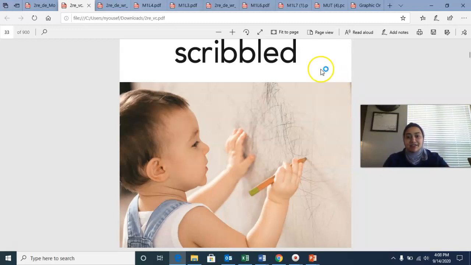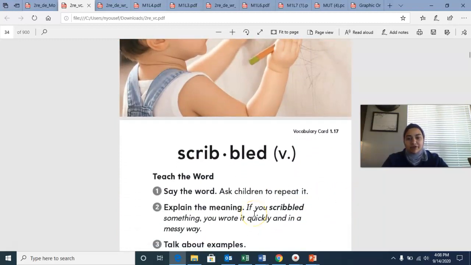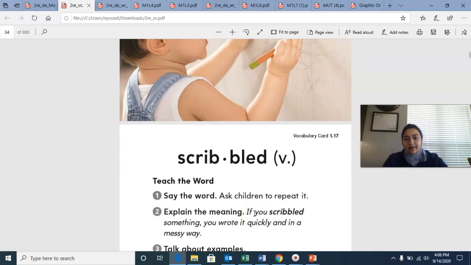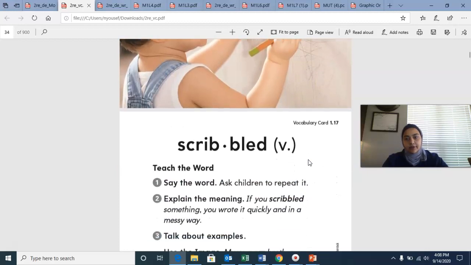The first word is scribbled. Let's look at this picture. What is the kid doing? The kid scribbled on the wall. Oh no. If you scribbled something, you wrote it quickly and in a messy way. Did this kid draw a picture? No, this kid scribbled on the wall.